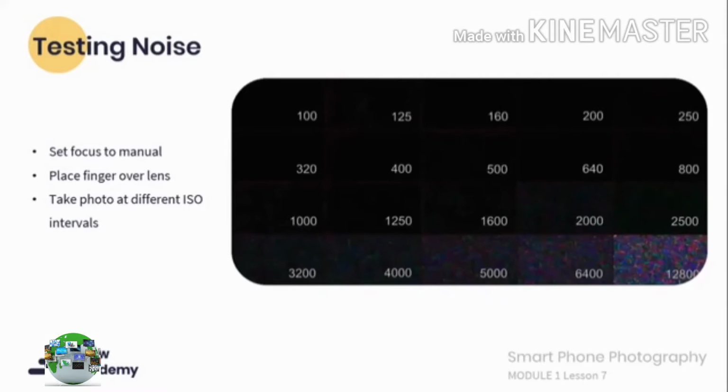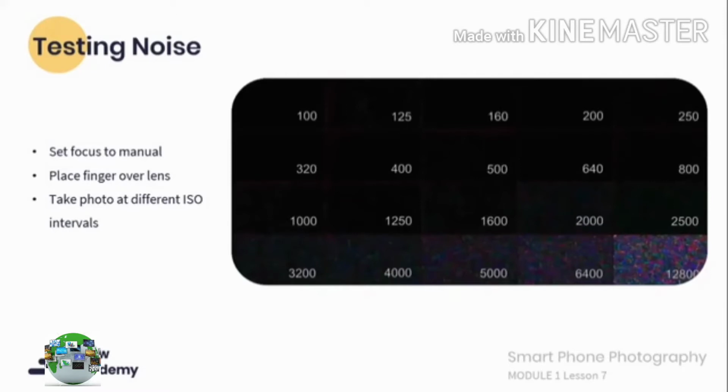So you can see here in this example, you could quite comfortably go up to 3200 ISO. It is a little bit noisy, but that's a manageable amount of noise. Even something like 1600 ISO, which is great for street photography, is very, very good in this particular instance. As you can see, when we push it to the extreme, all the way up to 12,800, it's extremely noisy. What you can see here is called color noise.